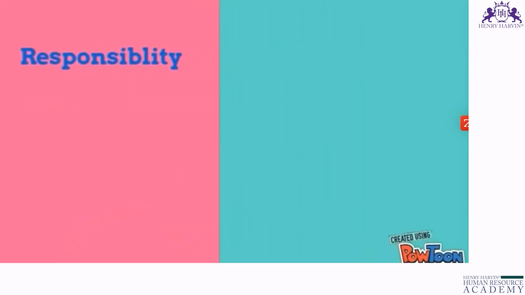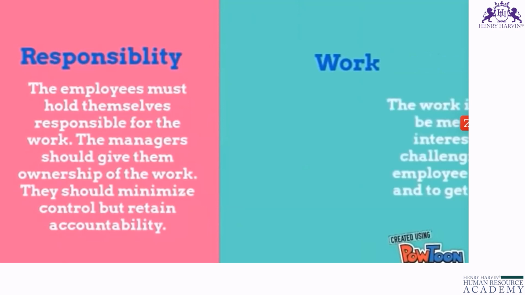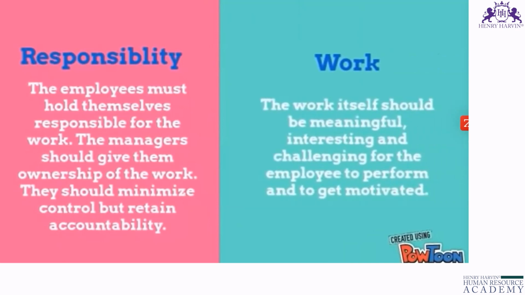Next, the employees must hold themselves responsible for the work. By this, the managers should give them ownership of the work. However, they should minimize control but retain accountability. Lastly, in terms of the work, it should be meaningful, interesting, and challenging for the employee to perform and to get motivated.